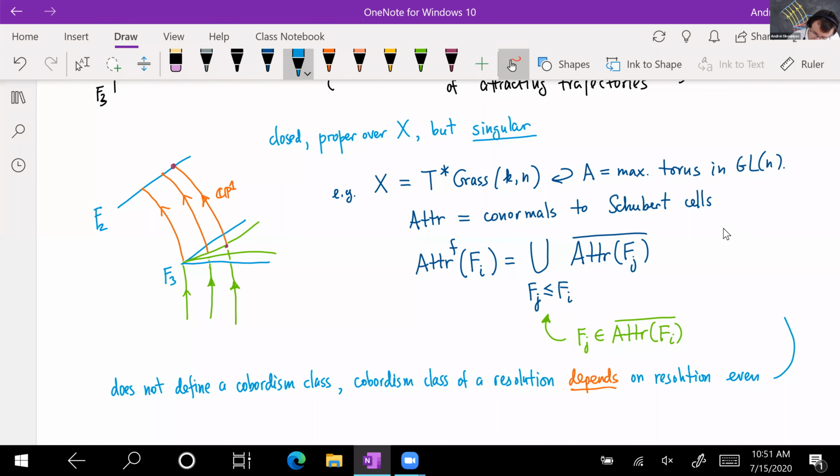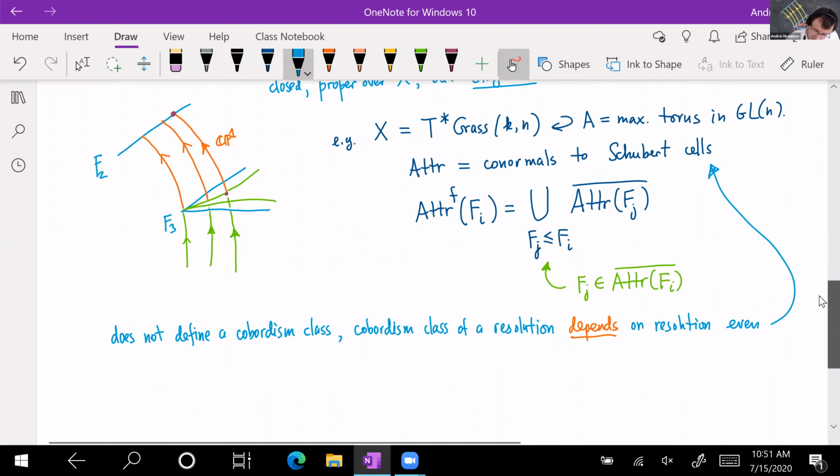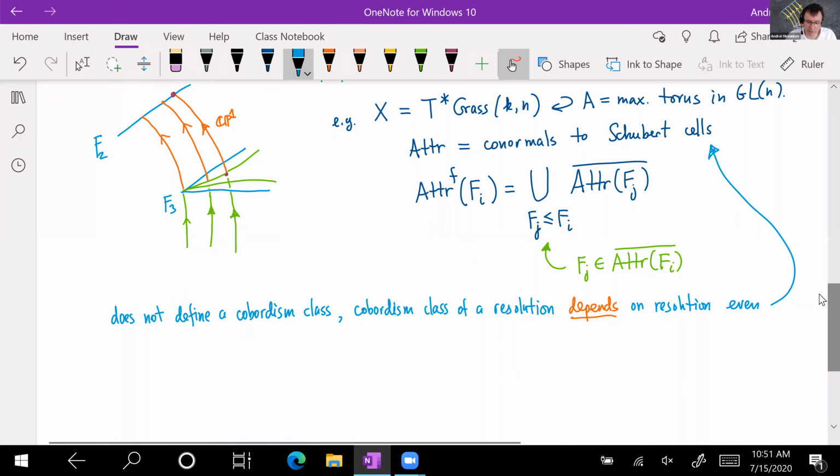Even in this case, the Grassmannian is the absolutely simplest example of what we're talking about, even in this simple case. And in general it seems like maybe resolution of singularities is not the way to go somehow. Anyway, this is not what we're going to do.